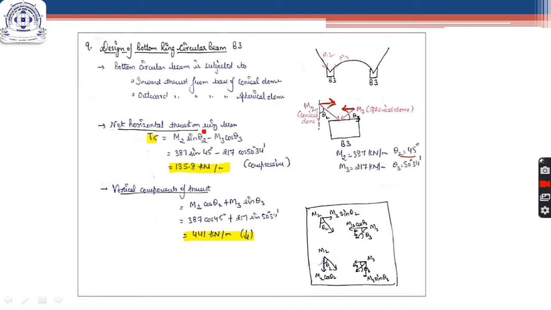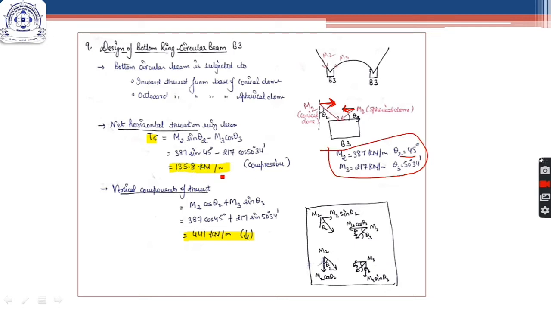So the net horizontal thrust will be T5 is equal to this value minus this value, and this value will be M2 sin theta 2, because this is the angle theta here, so this value will be the sine value. So M2 sin theta 2 minus M3 cos theta 3. Now this value is theta 3, so this angle will also be theta 3, so this component will be cos component. So M3 cos theta 3, we substitute these values here, and we get the net horizontal thrust on the ring beam.